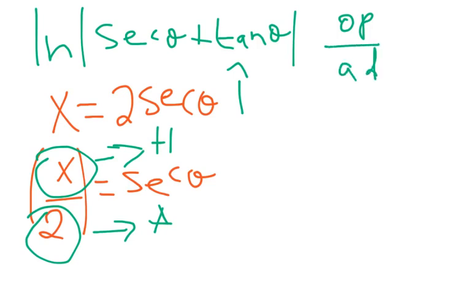Okay, so we got to draw a triangle in order to understand the problem better. So we've got our angle here. Our hypotenuse is x. This is our adjacent. Our adjacent is right here, is 2. And then the opposite is unknown, okay?